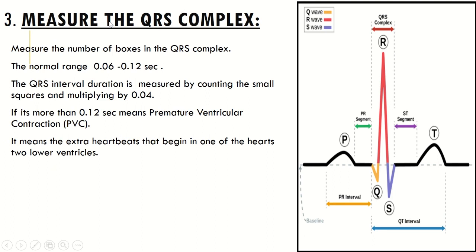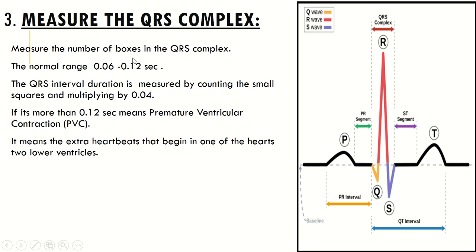And the third one is to measure the QRS complex. Here also we count the number of small boxes and multiply by 0.04. Anything with the small boxes, multiply by 0.04; anything with big boxes, 0.2. The normal range is 0.06 to 0.12 seconds.